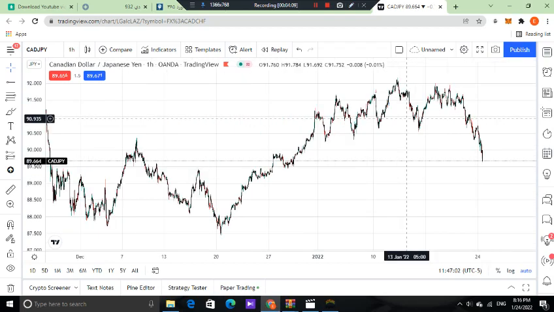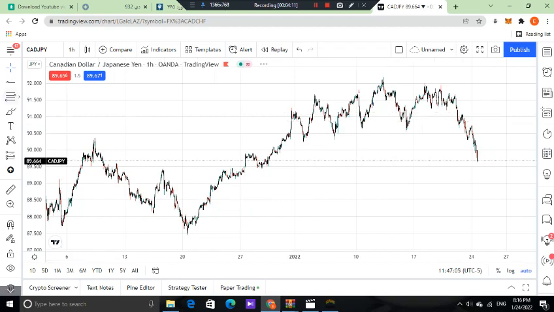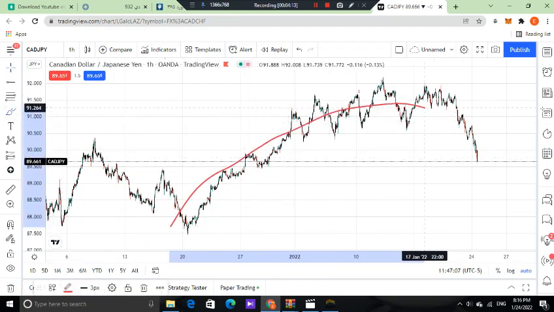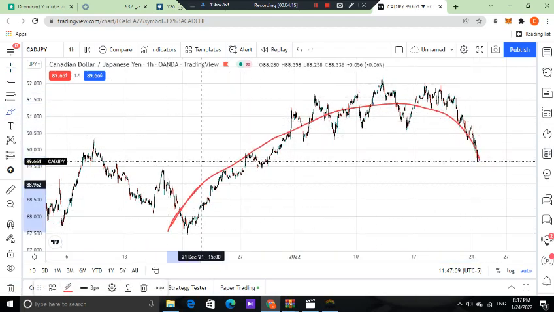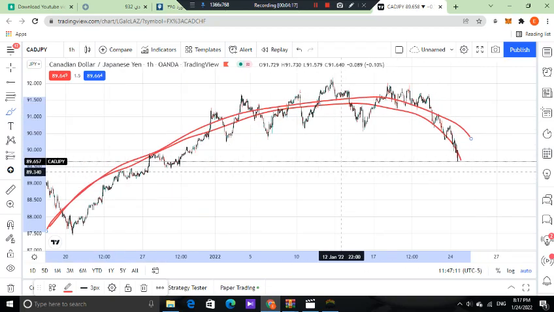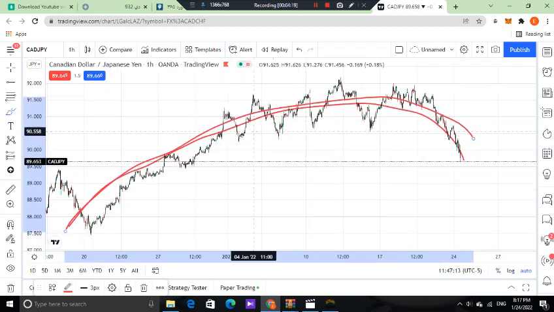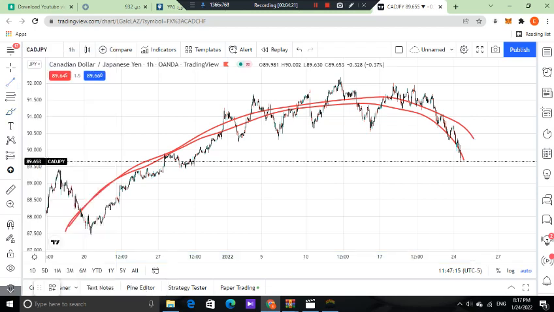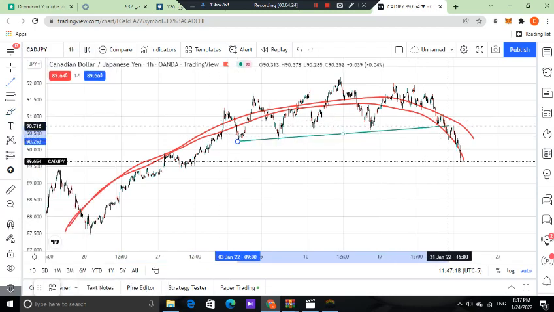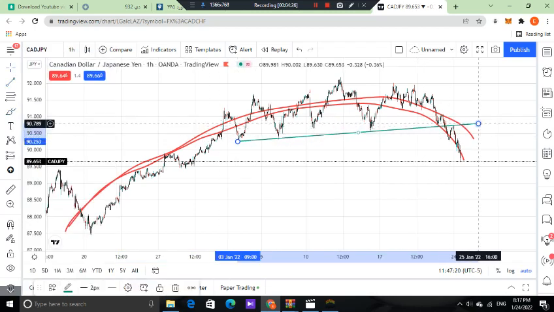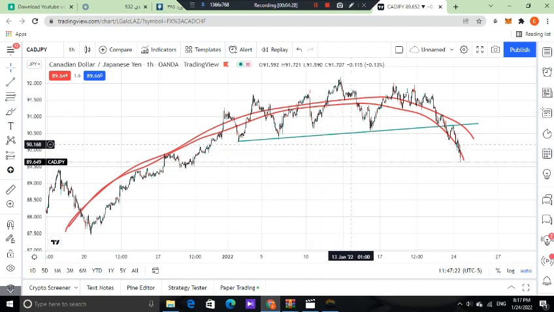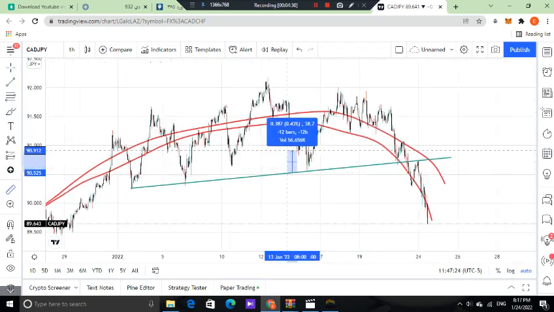First of all, at first look, what do you see? You see a trend like this. It's a curvy trend. If you have a closer look, at one point we have this trend line. We had this channel, whatever.